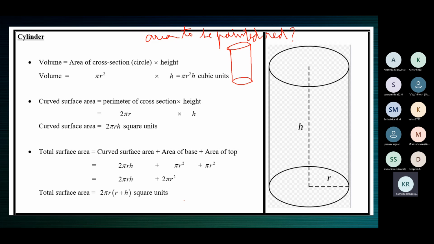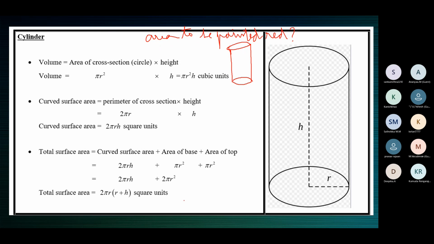If supposing I have to paint only the curved surface area of the tumbler, then what's the formula? No idea? Only the curved surface area of the tumbler.